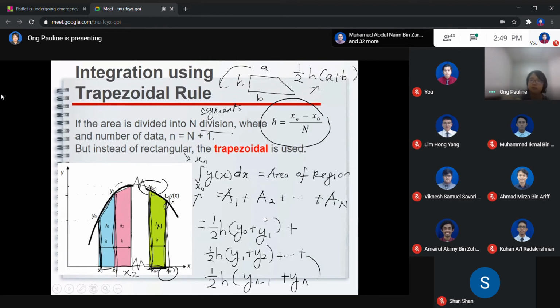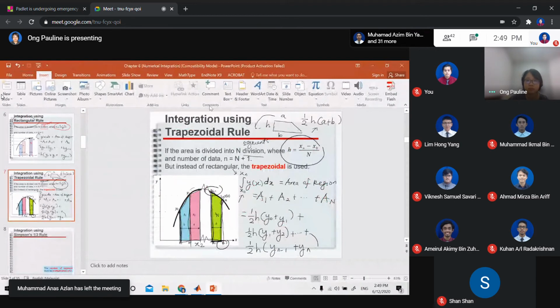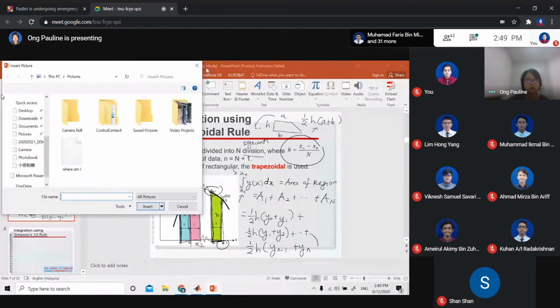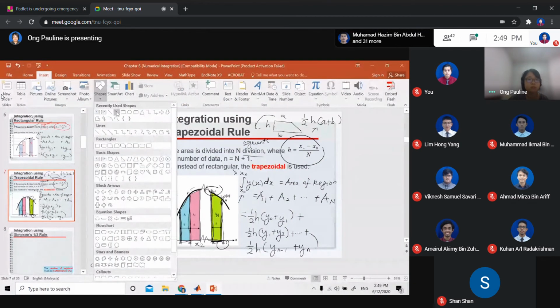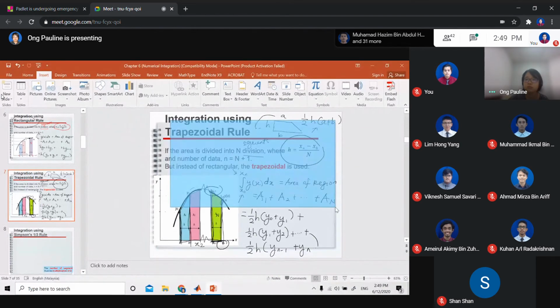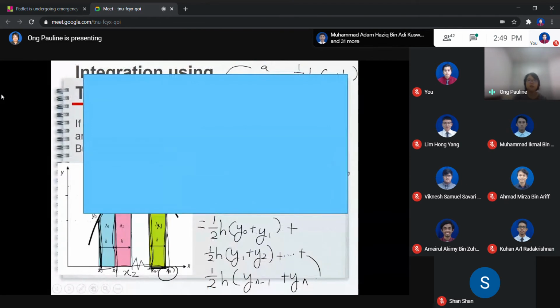I continue from here. I see that I have the common factor 1 over 2h, so let's factor it out.